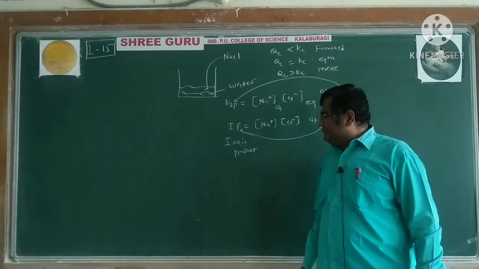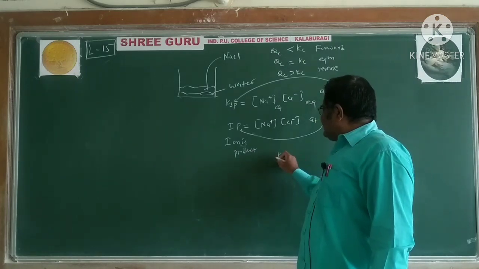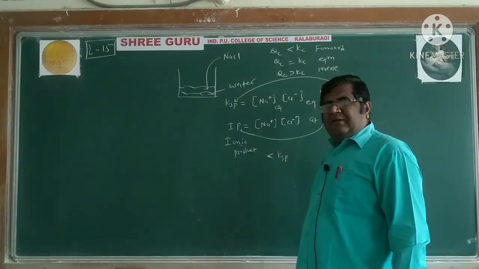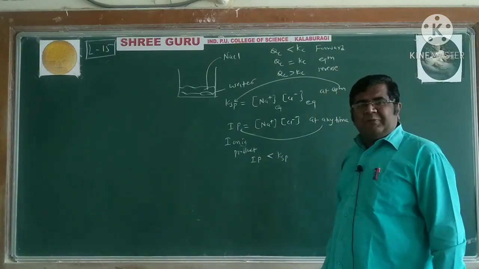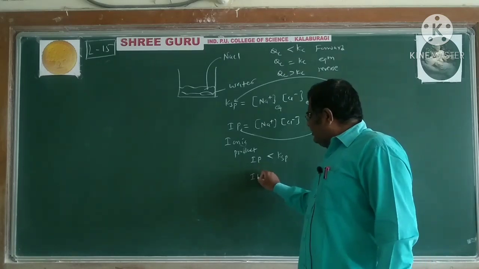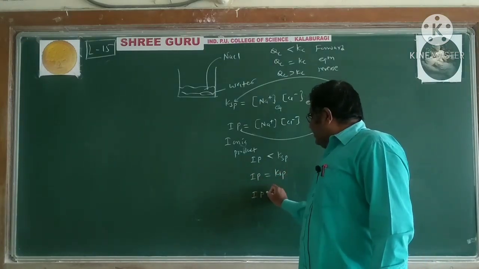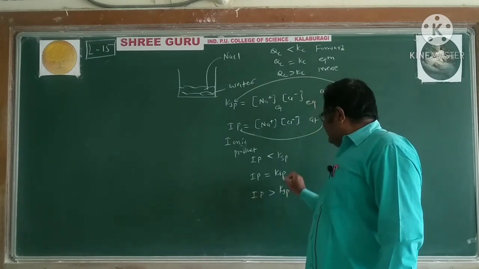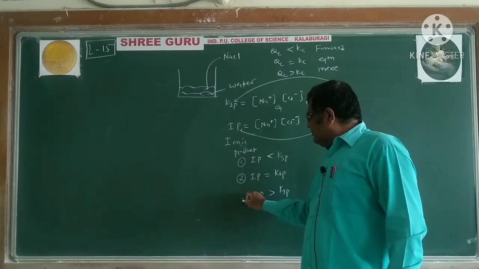That's how we learn. Similarly, we consider the cases where Ksp is greater than ionic product, ionic product is equal to Ksp, and ionic product is greater than solubility product. These three cases we will consider.